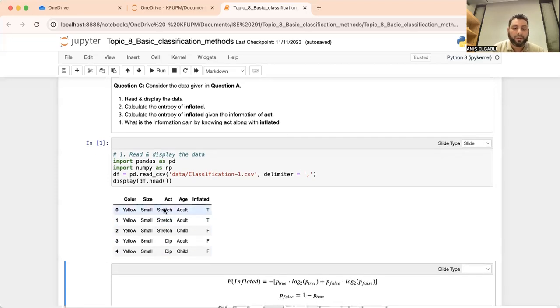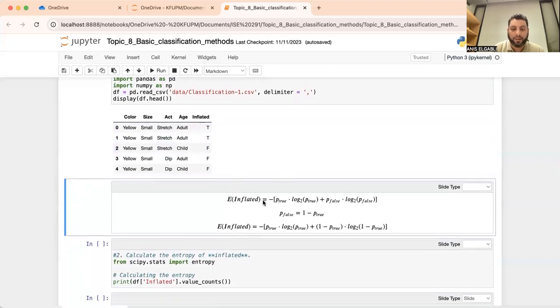So how do we first compute the entropy of inflated? Inflated can take 2 values. We have already done that, so by now we know this. The entropy of inflated is equal to the negative of this sum: the probability of inflated equal to true times log2 probability of true, plus the probability of inflated equal to false times log2 probability of inflated equal to false.